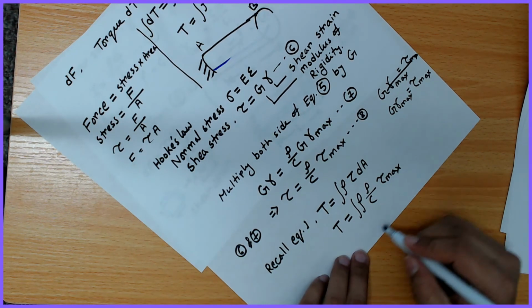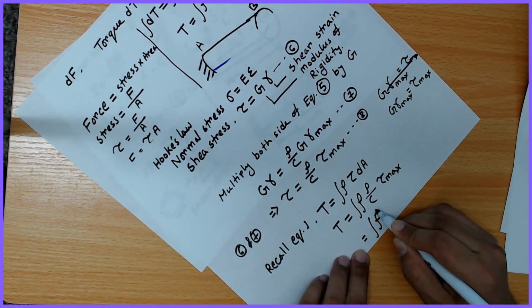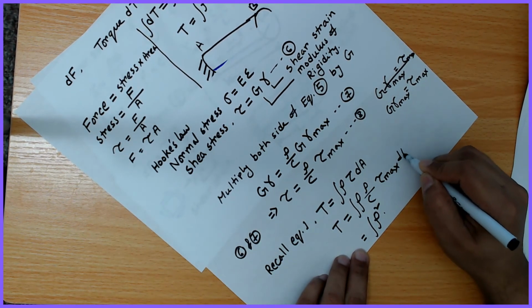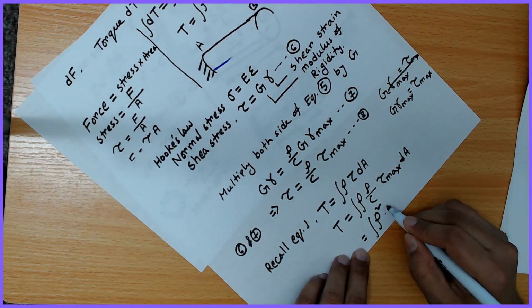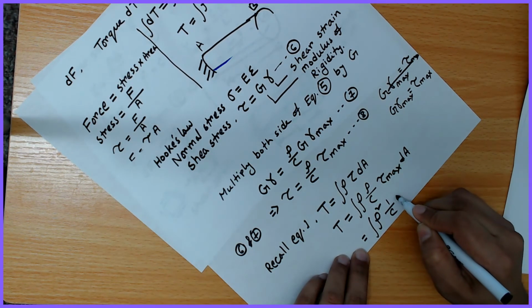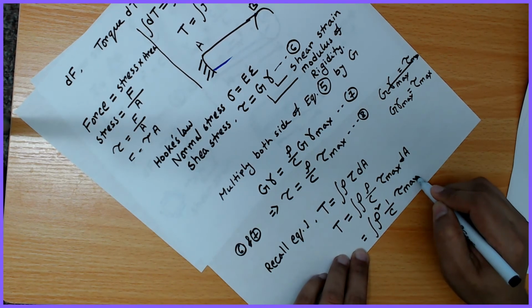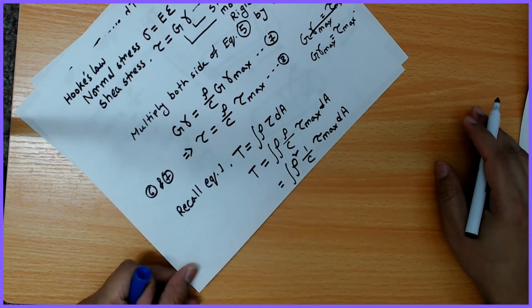So here, rho square, there's a dA here, rho square, 1 by C tau max dA. Okay.